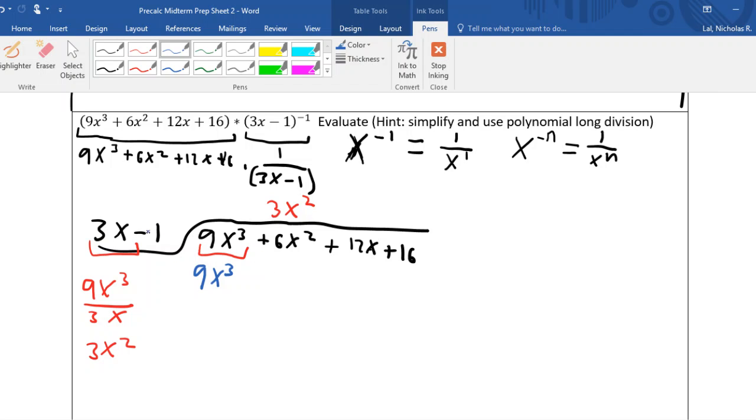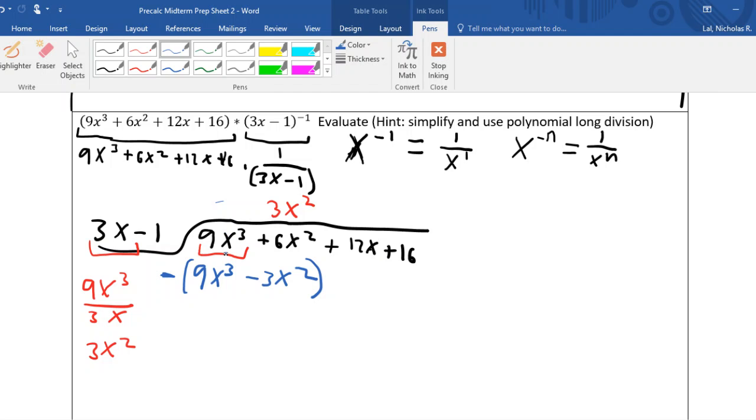What's 3x squared times negative 1? Negative 3x squared. Now, once I'm done, I've completely multiplied 3x squared by my divisor. All right. So I now group what I have in parentheses and subtract the whole thing.